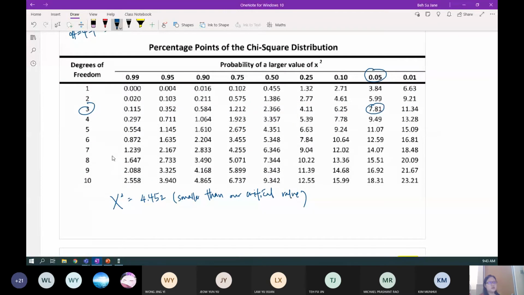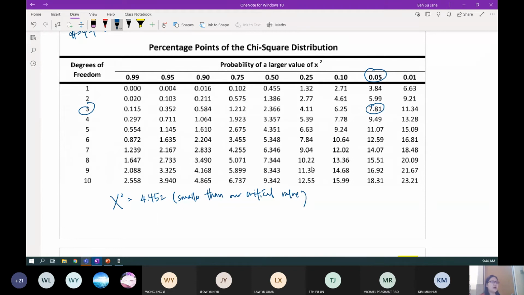So is the difference significant? The answer is no, it is not significant. Yes, we always look at the 5%. Okay, we can look at the smaller one, but we can't look at the bigger probability. Always look at 5% first, and then go below. I will show you an example later on.